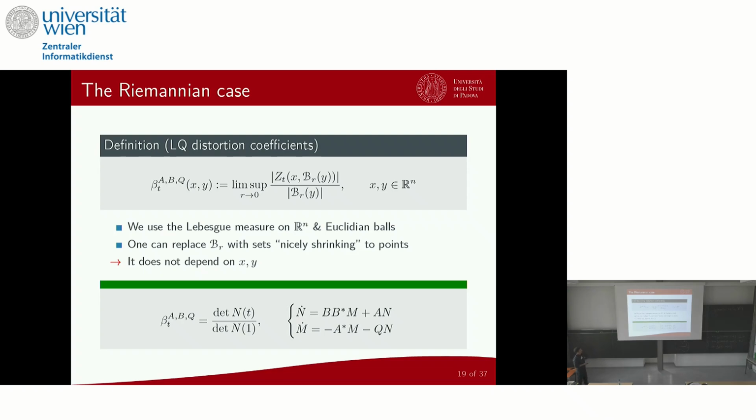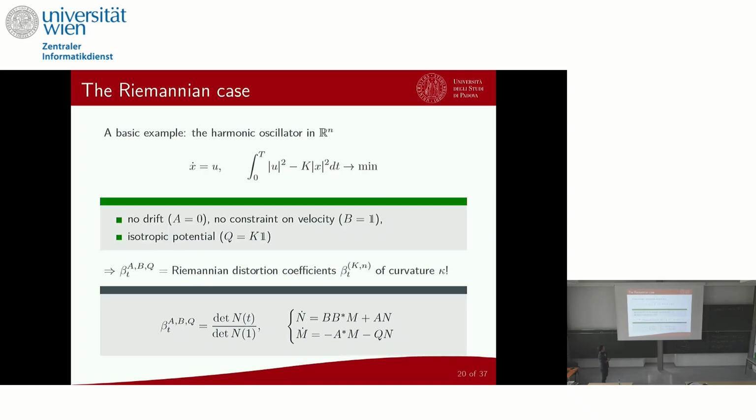Okay, why this is interesting to us? Because if you take the simplest situation, the harmonic oscillator in Rn, where you have x dot equal to u. So if you think that u is your control, x dot is free, right? And you minimize, say, kinetic energy minus a potential. Then what happens is that in the previous language, the matrix A is 0, B is 1, and the Q is capital K times the identity, okay?